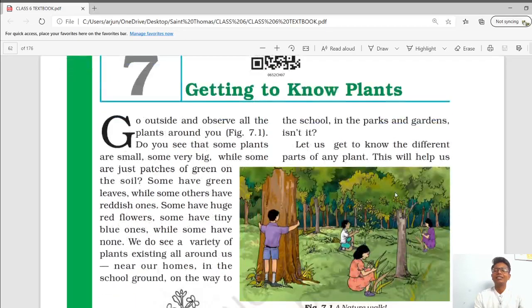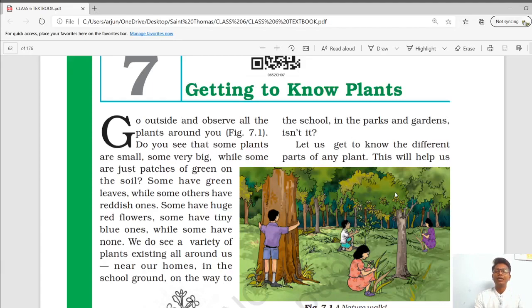So let's get started. Starting from the introduction of chapter number 7: go outside and observe all the plants around you. We are starting with an activity. Do you see that some plants are small, some very big, while some are just patches of green on the soil?